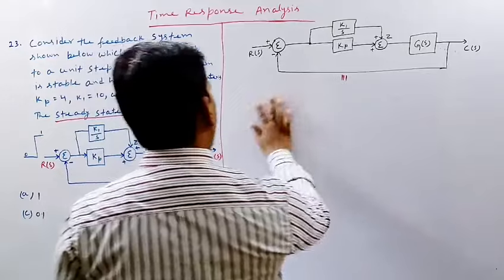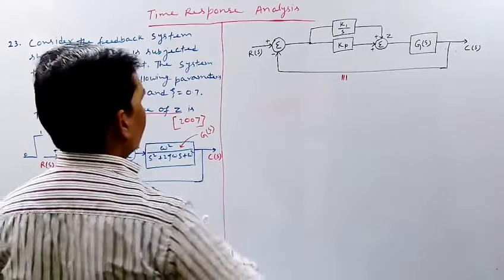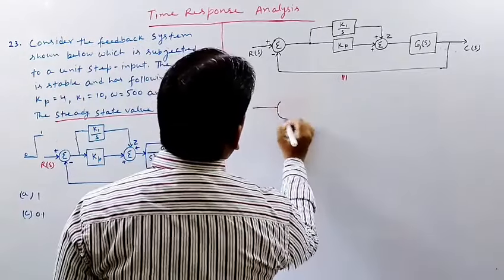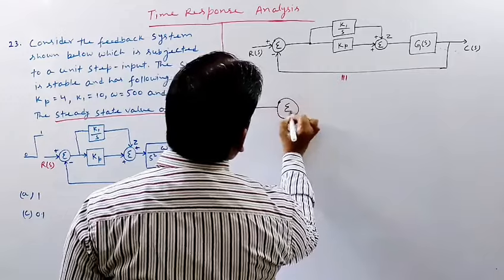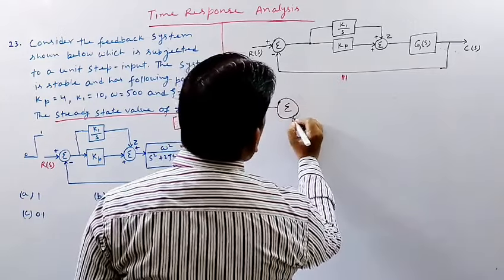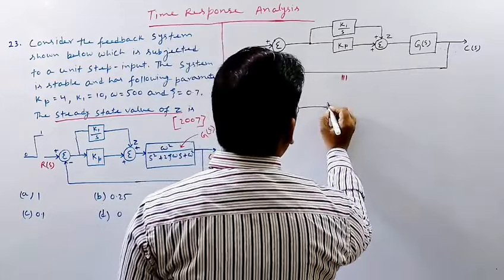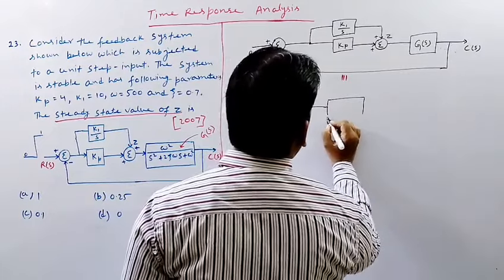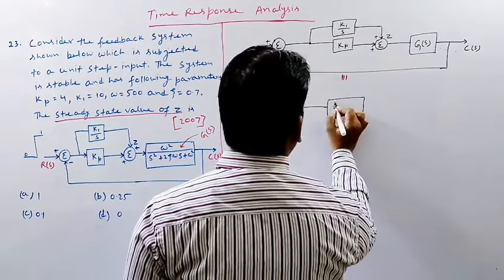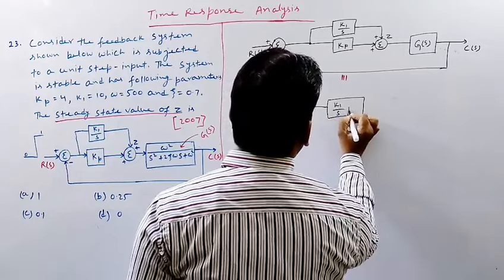Let me write by black. So this point is omega, and these two paths will be reduced to K1 by s plus Kp.